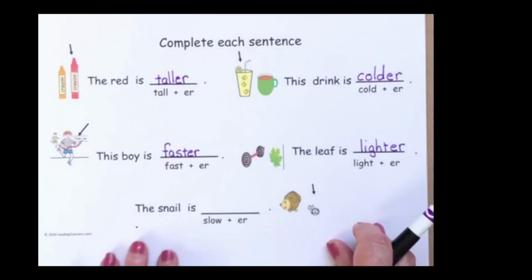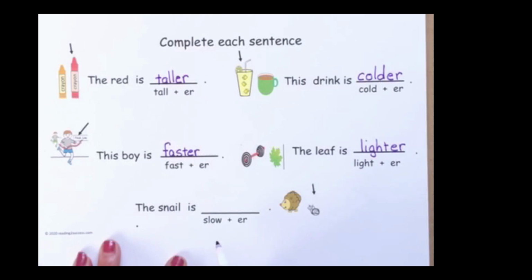And then we're going to go down here, and we have the root word slow plus the suffix er. So that word would fit in here, and it would be slower. We're going to look at the hedgehog and the snail, and the snail is slower.